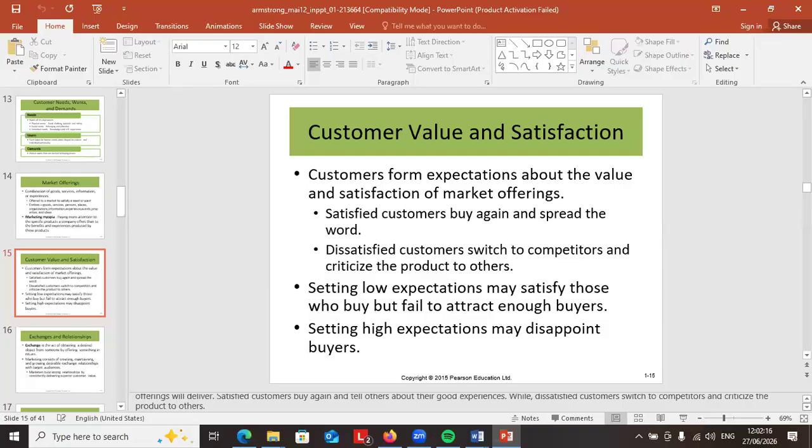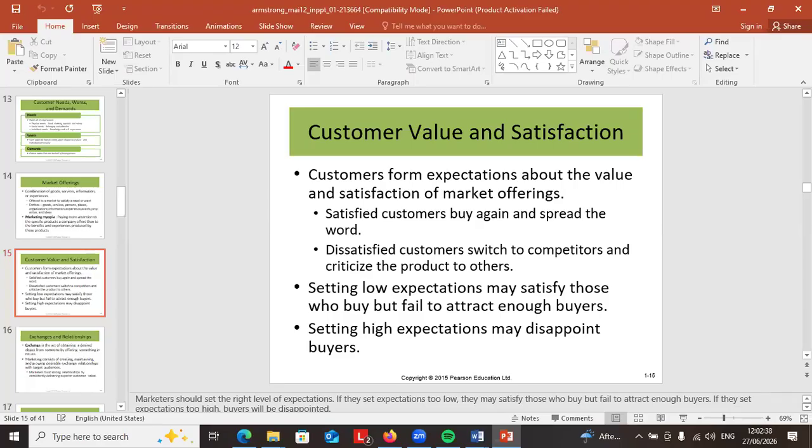Obviously, satisfied customers buy again or do a repeat purchase and tell others about their good experiences, right? While dissatisfied customers do switch to other competitors and criticize the product to others.